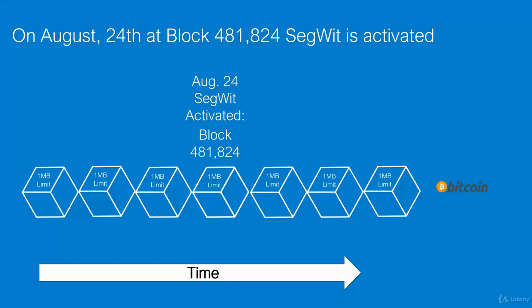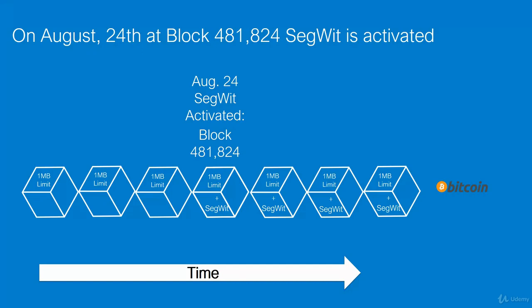Now, what happened at block number 481,824 is that the nodes that were running segregated witness were starting to create transactions including segregated witness. Notice that there isn't a split, because you can still run Bitcoin transactions the old way with the 1 megabyte limit, but there's now this new functionality called segregated witness.